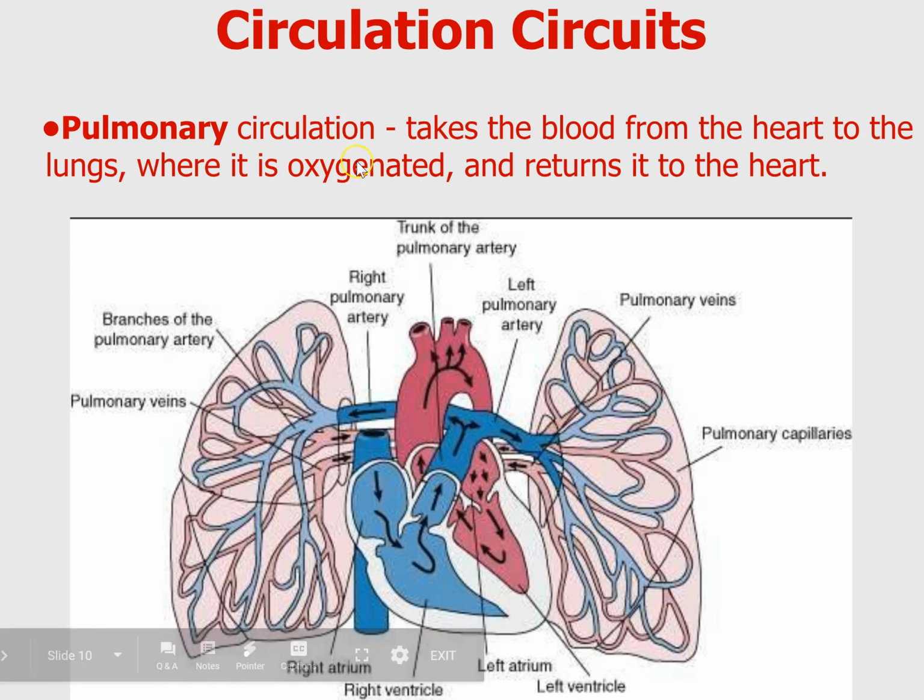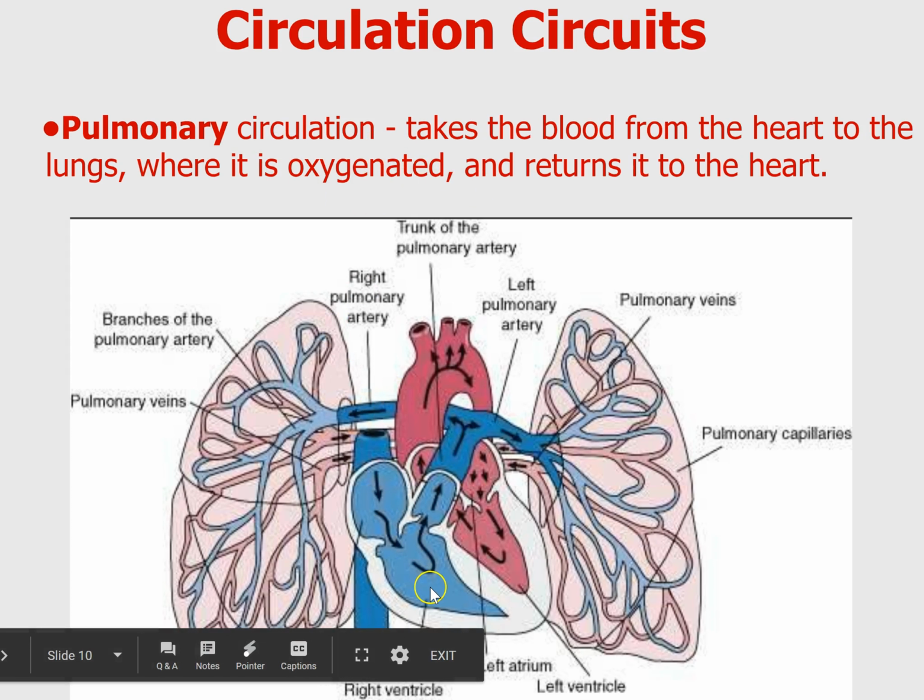Pulmonary circulation is the route that the blood takes from the heart to the lungs to get oxygenated, and then it has to return to the heart. So that's this section here. You see in blue, blood comes in, then it gets pumped to the lungs, and then from the lungs it returns back to the heart.